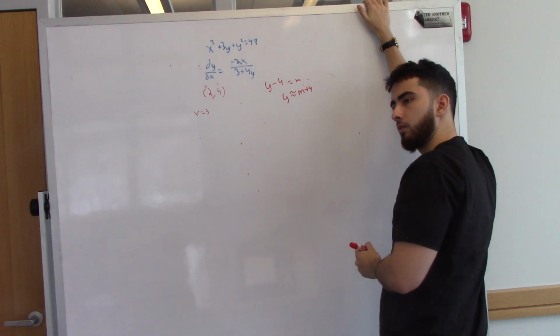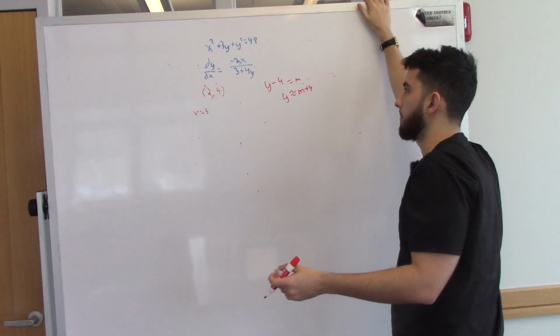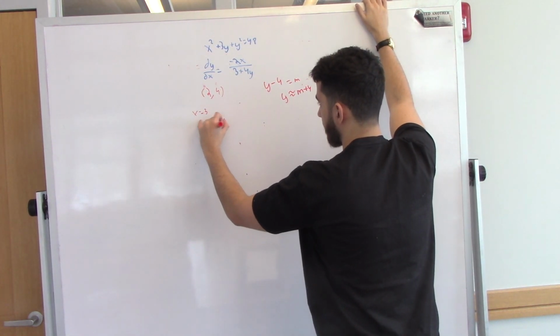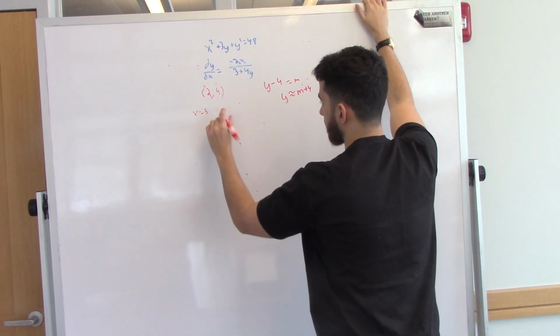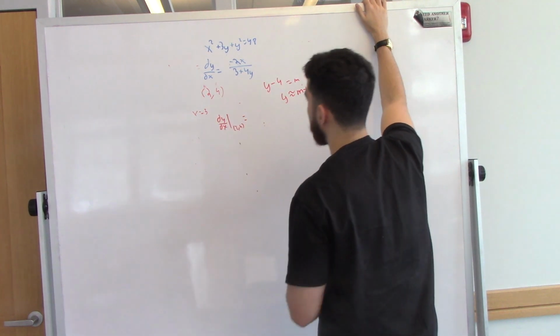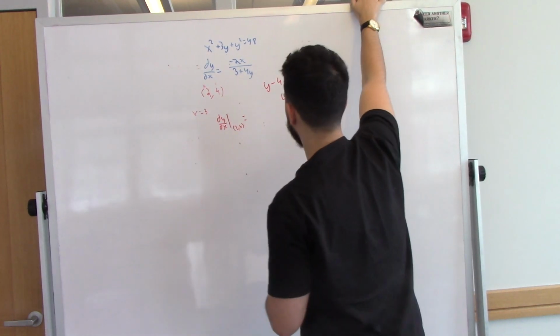Okay, we did a lot of work simplifying that, which is good, but now I got to find the slope. So what we're going to do is we're going to take the derivative and evaluate it with this, right? 2 comma 4, okay. Well, let's just plug in x's first. We only see one x, which is lovely. This will make it a lot easier.